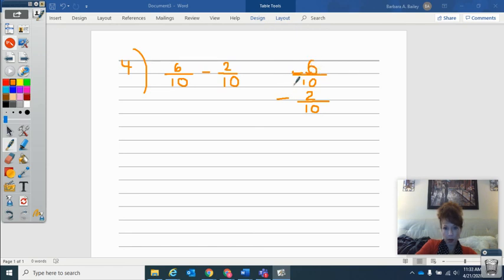Okay, so 6 minus 2 is 4. And then would I do 10 minus 10 and put a 0 in my denominator? No. We never subtract the denominators, and we never have a 0 in the denominator. So I'm just going to have a 10 here, a 10 here, and a 10 here. And so 4/10 is my answer.